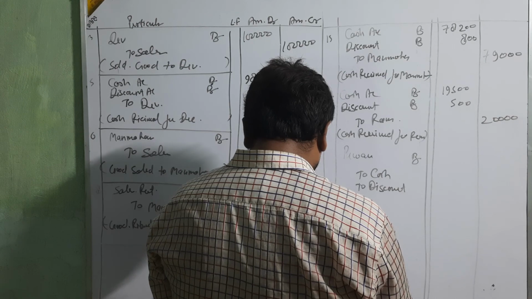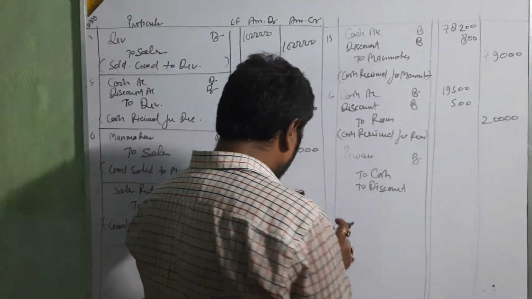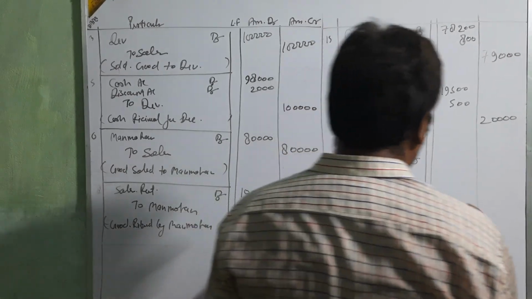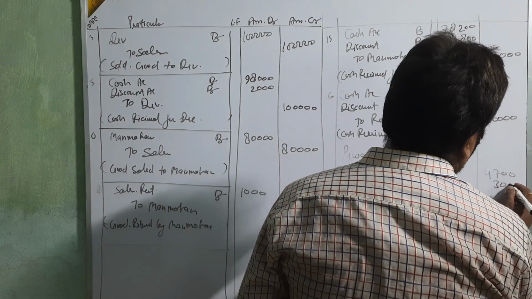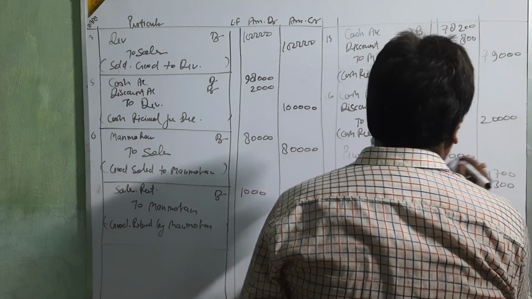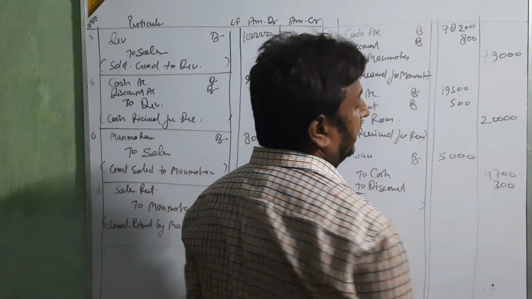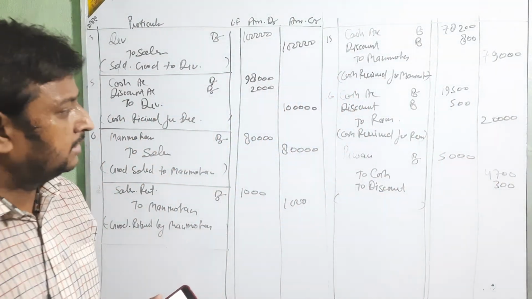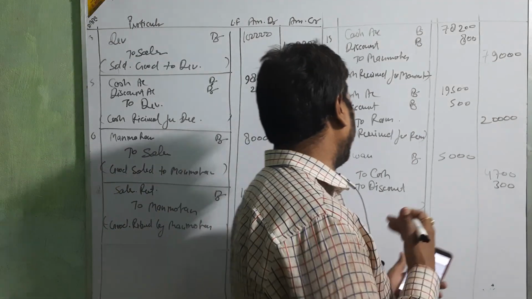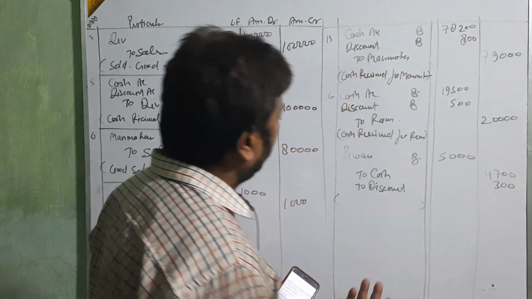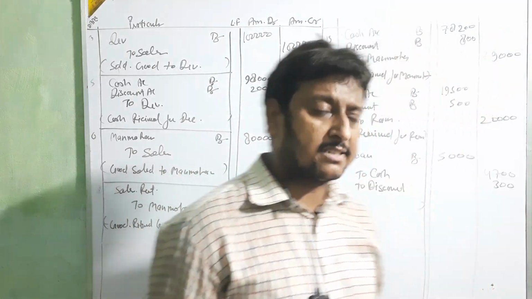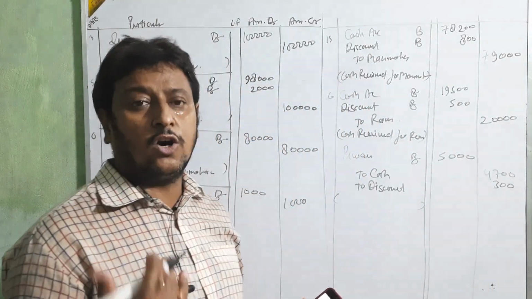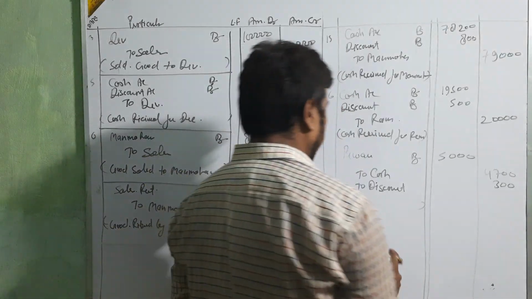Okay, you are going to pay the amount 4,700, 300 discount. Total amount is 5,000 beta. Take it very clear. You are going to pay to Pawan, so Pawan will debit. Cash goes out from the business, then credit. Discount you are receiving, then credit.